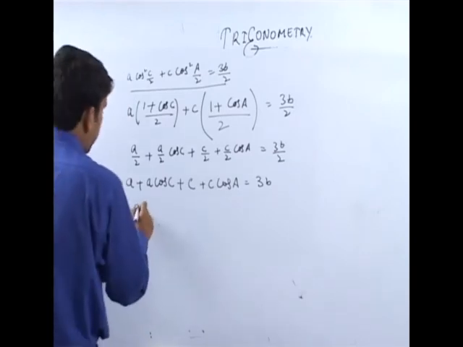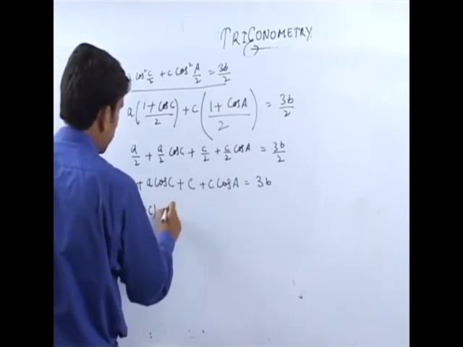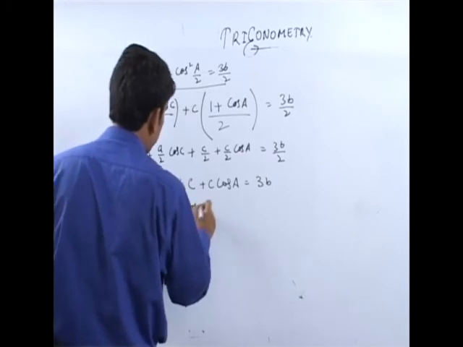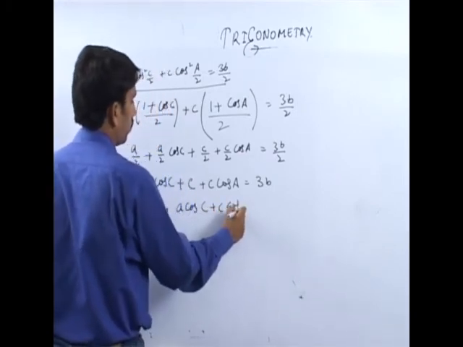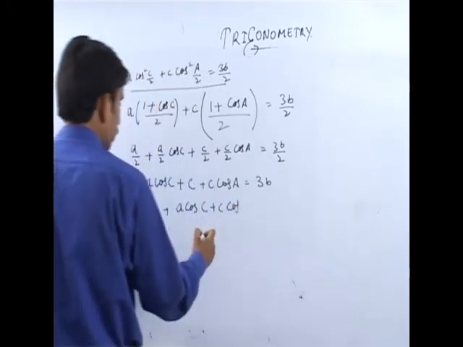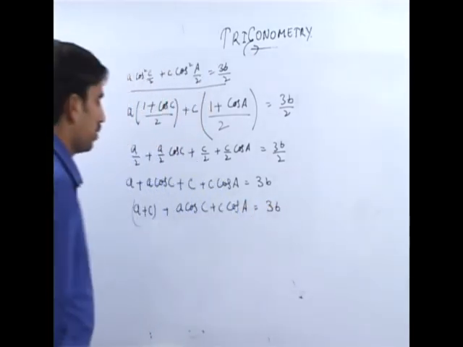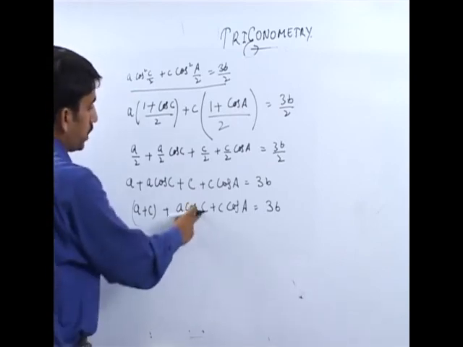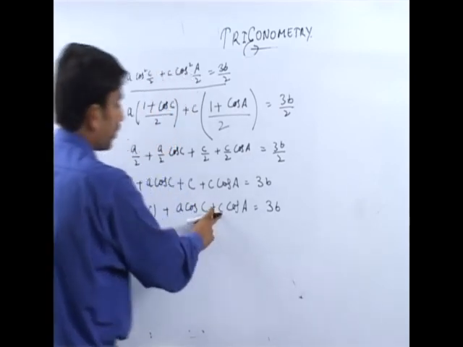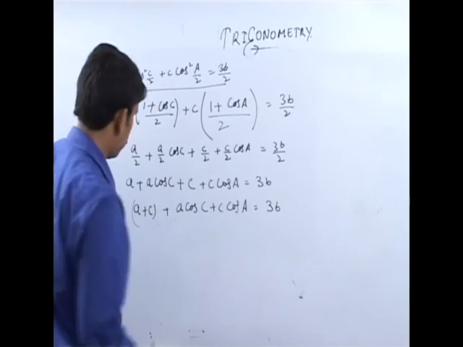Now take a and c together: a plus c plus a cos C plus c cos A is equal to 3b. Remember this thing, this is a capital C and this c is small c. This is a side and this is the angle.